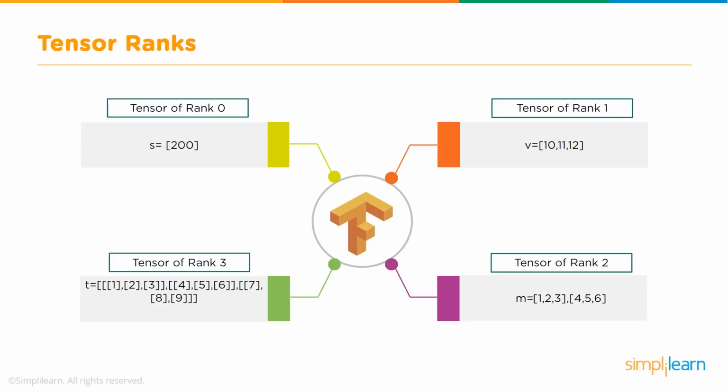So it becomes easier when we see examples. A tensor's rank is 0 when there is only one element. We also call this a scalar. So just one element, not really a vector, just an element like 200. It's also known as a scalar. So such a tensor has a rank of 0. Then you have, let's say, a one-dimensional array. This is a vector with a row of elements. This has rank 1.